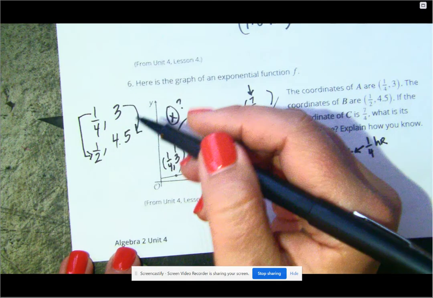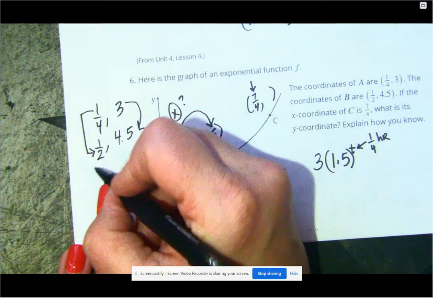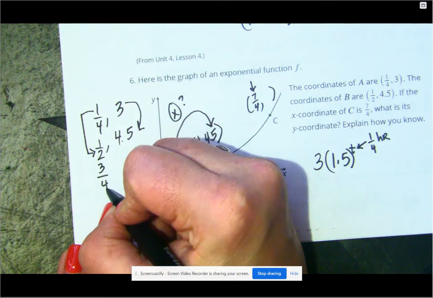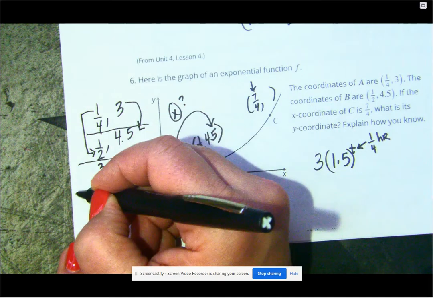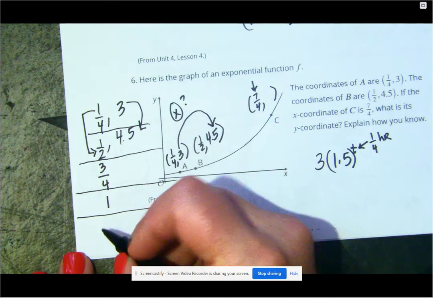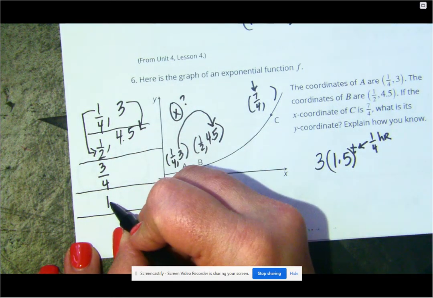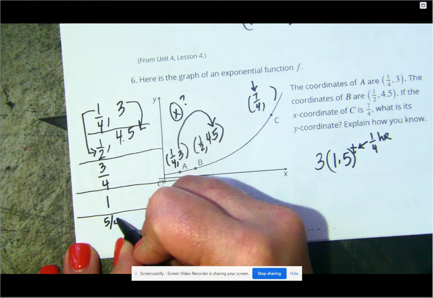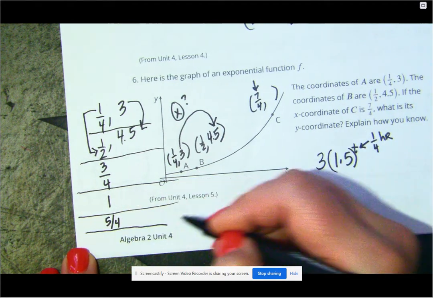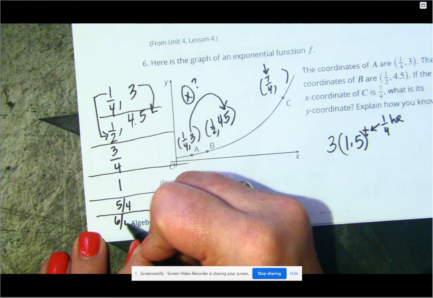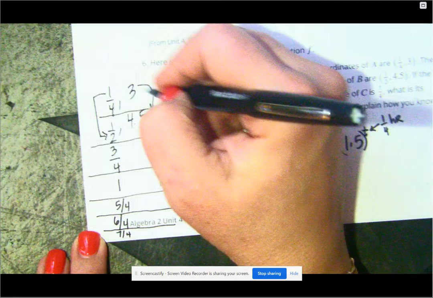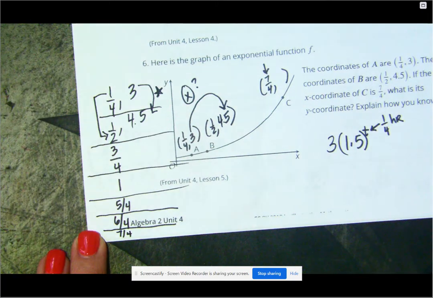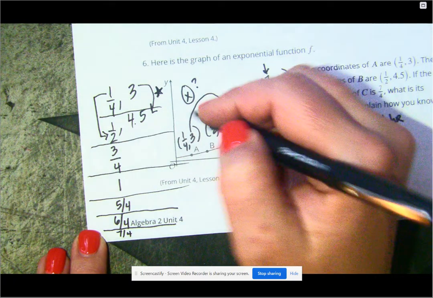I'm going to show you over here, right? You go 1/4, a half, 3/4, and 1. I'll kind of separate these so you can see them. And then you would go 1 1/4, which is 5/4. Uh-oh, Miss Austin's running out of room. 6/4, and finally 7/4.